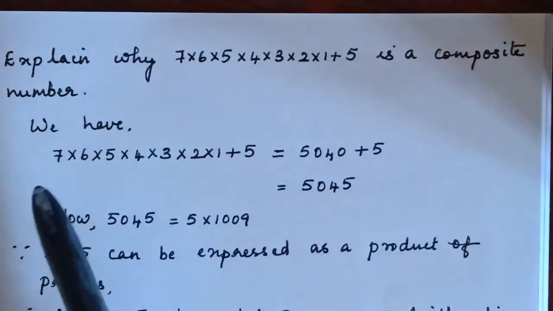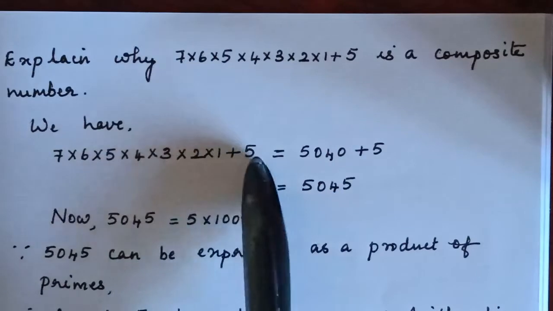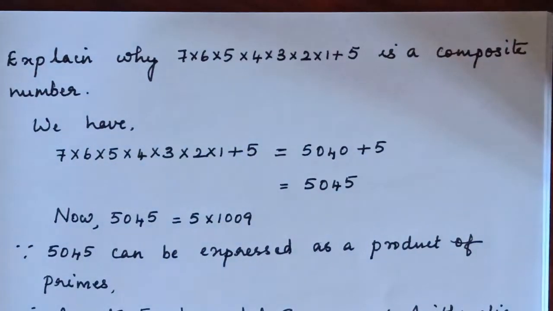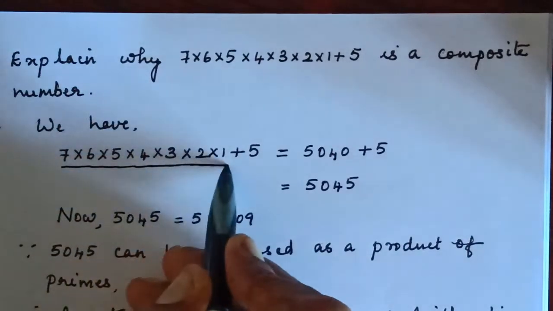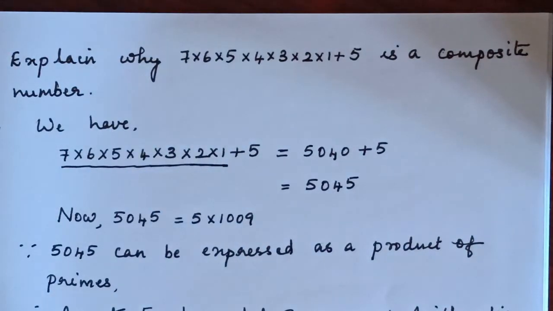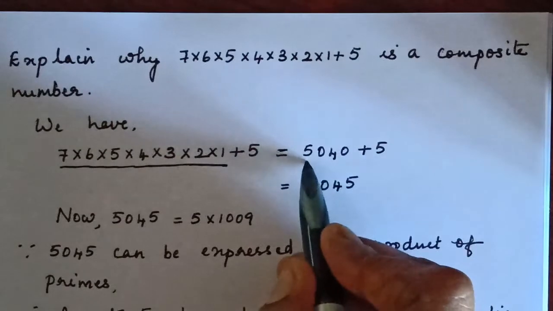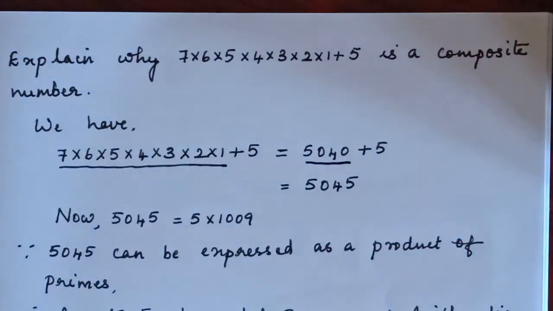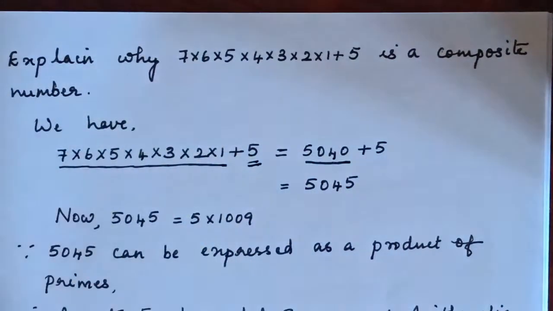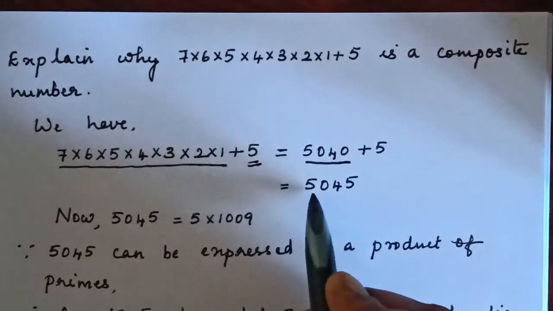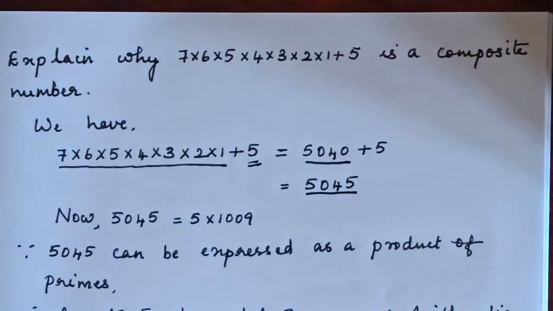But what we will do is multiply all these numbers from 7 till 1, and we will get 5040. To that we will add 5. So we get 5045.